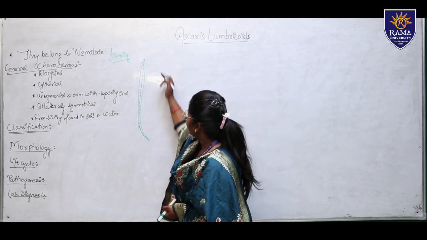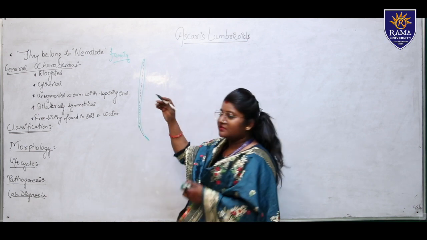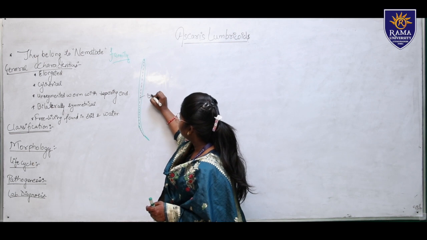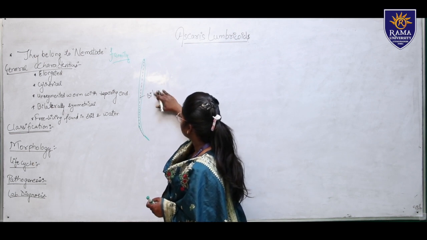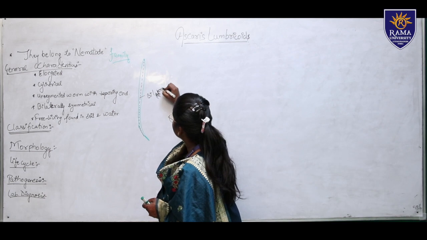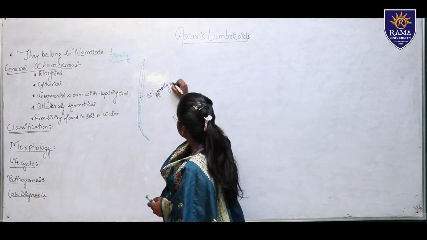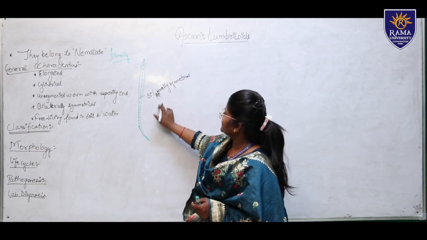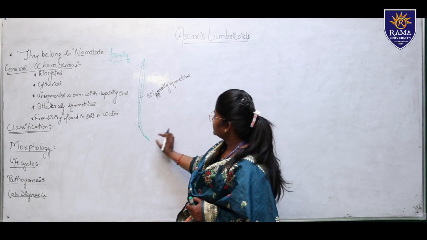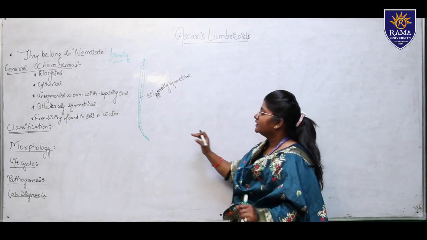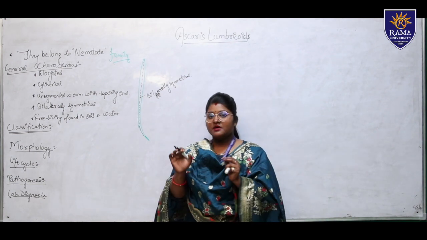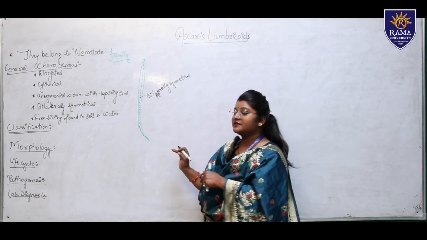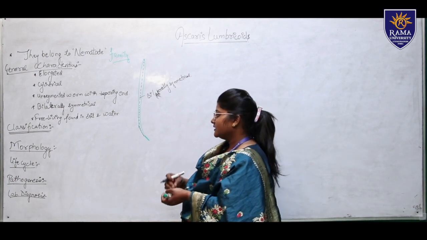It is bilaterally symmetrical, that means it is divided into two equal parts. This is the anterior end, which is rounded, and this is the pointed posterior end. This is basically a free living parasite found in soil and water, and this type of parasite is seen in rural areas more than other areas.